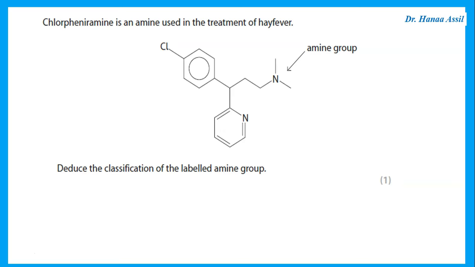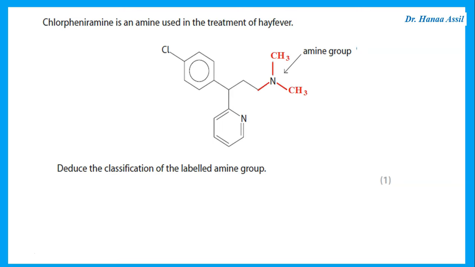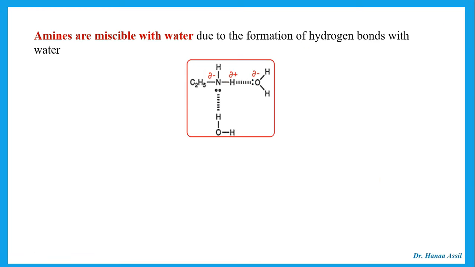For example, this question was saying, deduce the classification of the labeled amine group. Now, this amine group has how many carbons attached to it? It has 3 carbons attached to it. This is a tertiary amine. It doesn't have any of its hydrogens attached to the nitrogen.